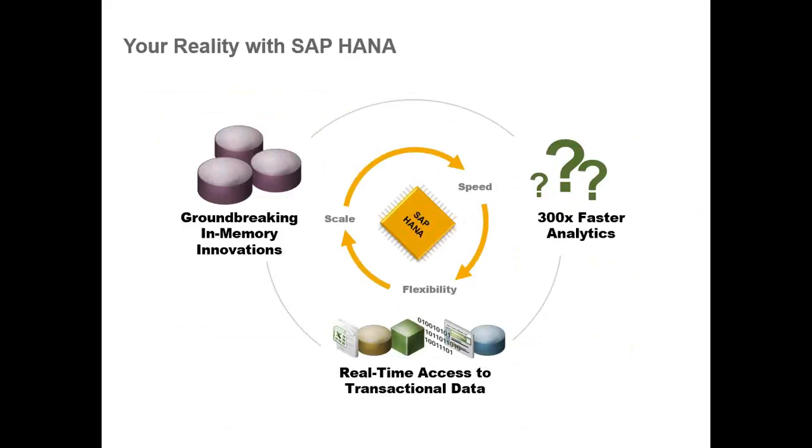One is the speed. HANA is a combination of hardware and software. It's not just hardware, and it's not just software. It needs a combination of hardware and software, for a specific database sizing, a specific machine you require.